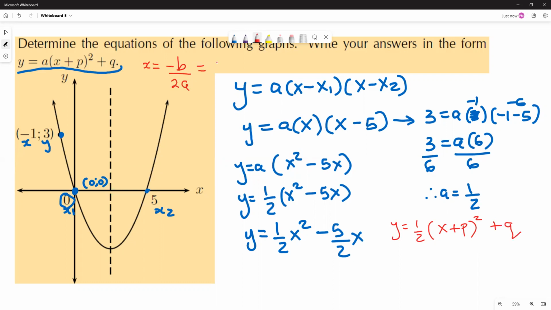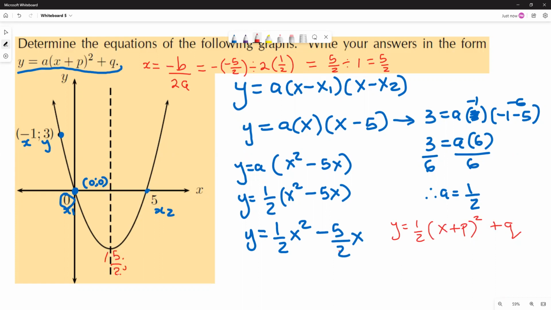Which equals negative, in brackets, my b is negative 5, over 2 times my a, which is half. And then this and that will be 5, because the negatives are going to cancel. Then you have divided by 1, which is just 5 over 2. So you know that your x here is 5 over 2, right?